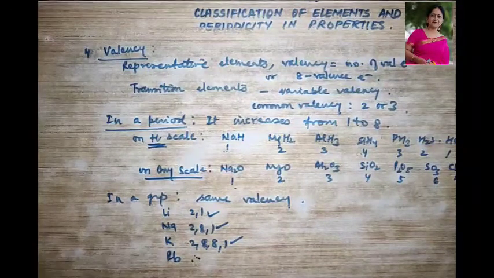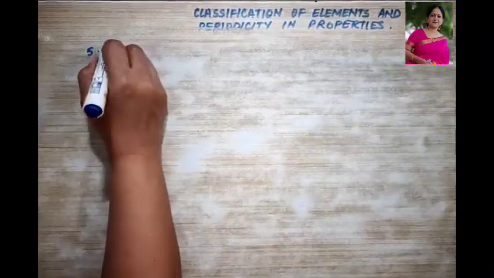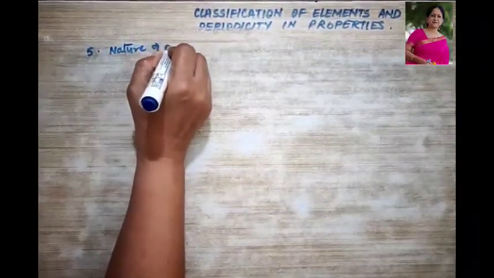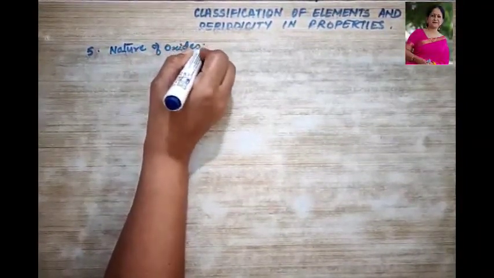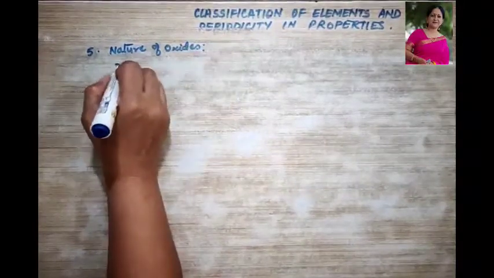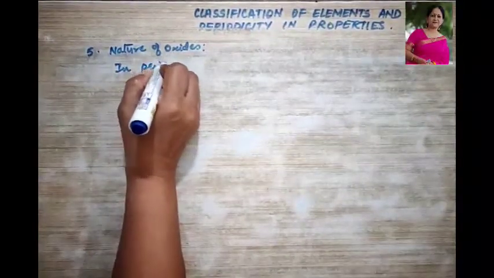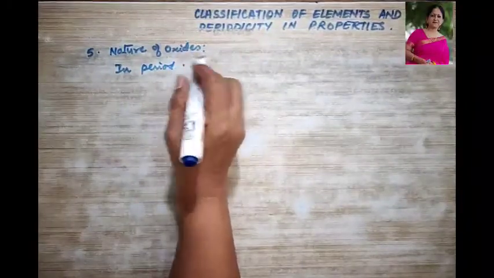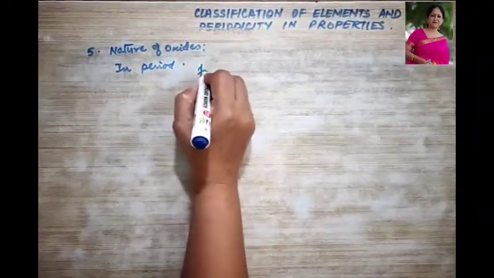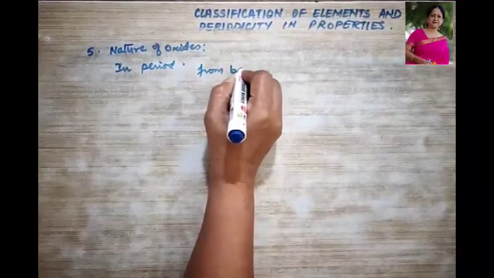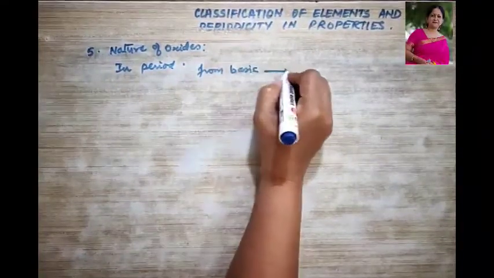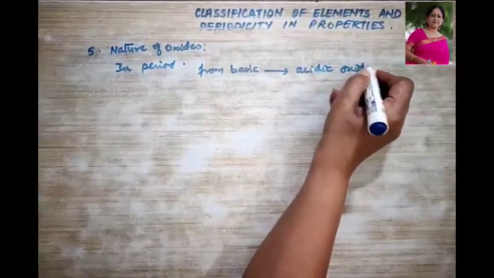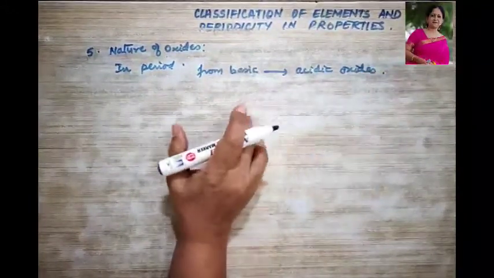Now let's talk about the fifth point, the nature of oxides, in a period. What do you observe? In a period, the nature of the oxide varies from basic oxides to acidic oxides. I hope this is very clear to you, right?